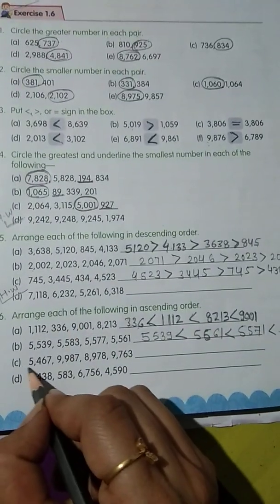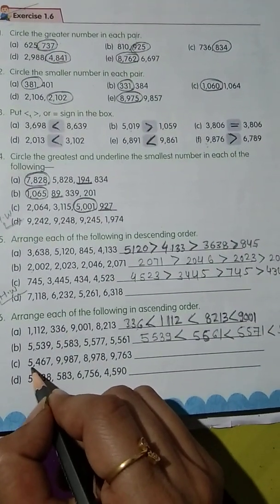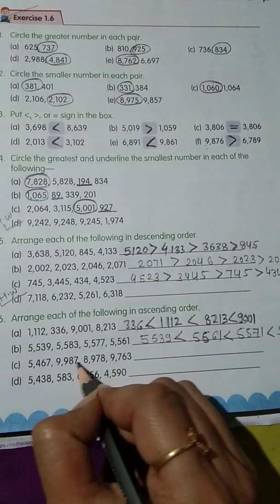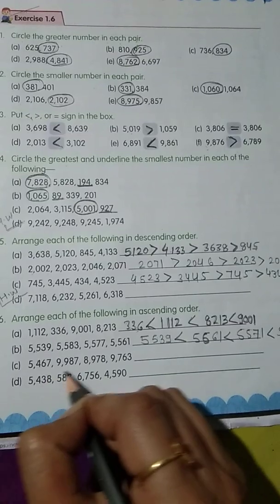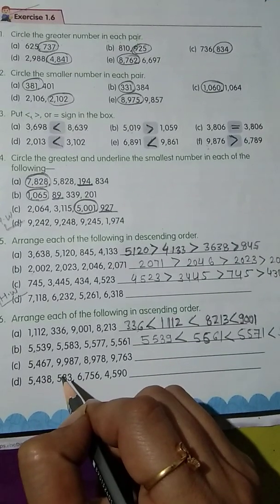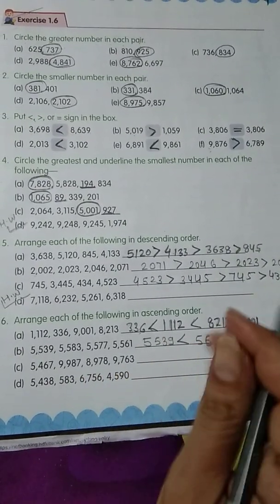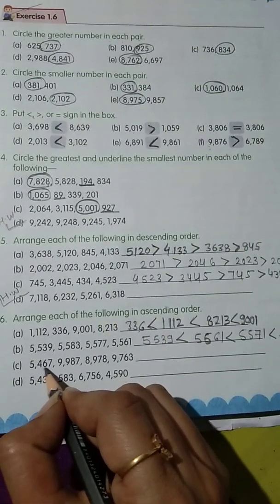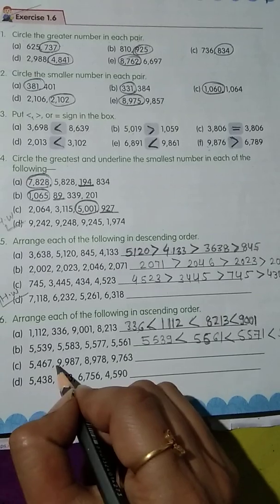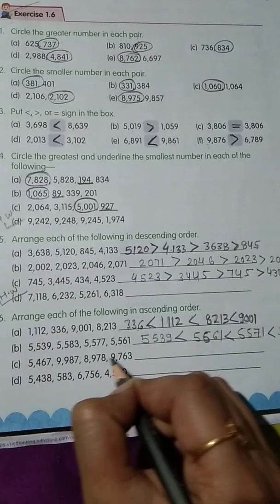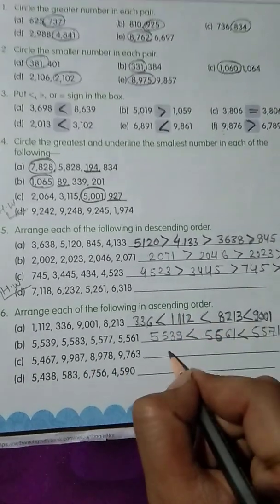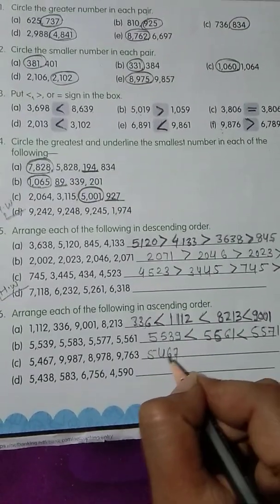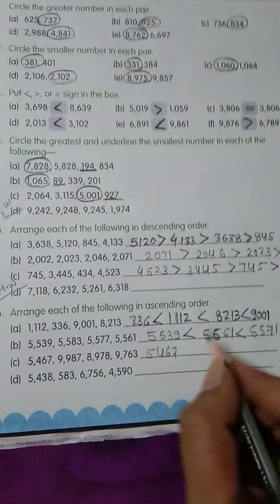Okay, now we are coming to here, 5467. Tell me the smallest one. Okay, so my dear students, here are 5000, here are 989. So first one 467.